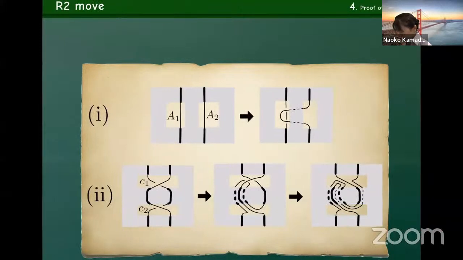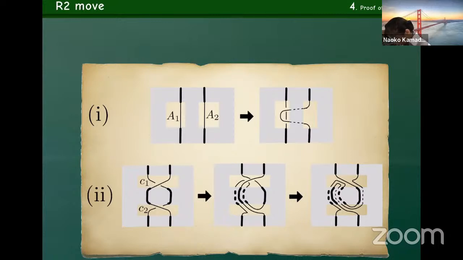For the R2 move, it is the same: there is no crossing in the area. Then we can apply an over detour move and a Leitmeister move. Then we have this diagram. Then we use an under finger move like this.